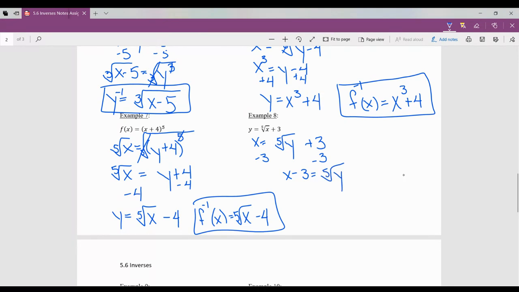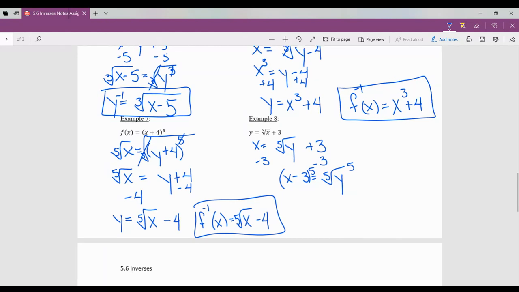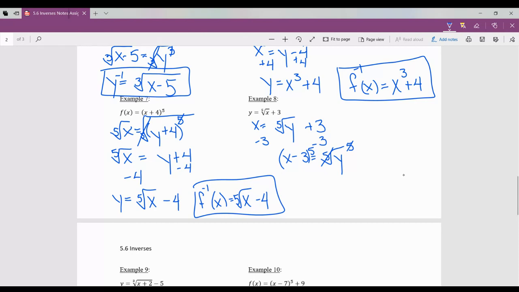Now, what undoes the root? And that's the exponent. So I need a 5 as an exponent, so it'll cancel out. And then I do a 5 as an exponent here, so I've got to do a 5 as an exponent on the other side. So the 5th root and the 5 are going to cancel, so we get y equals x minus 3 to the 5th.